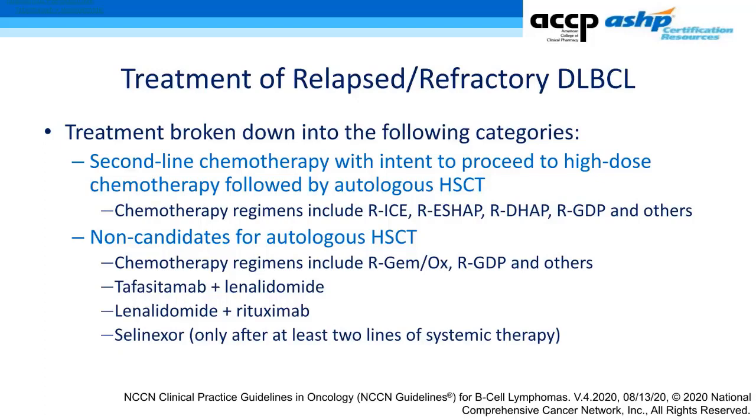So chemotherapy regimens would include the same ones that I just mentioned, as well as R-GEM-OX, other regimens that are listed in your handout. The new agent, tafasitamab and lenalidomide and rituximab, or selinexor, which is only indicated after at least 2 lines of systemic therapy.